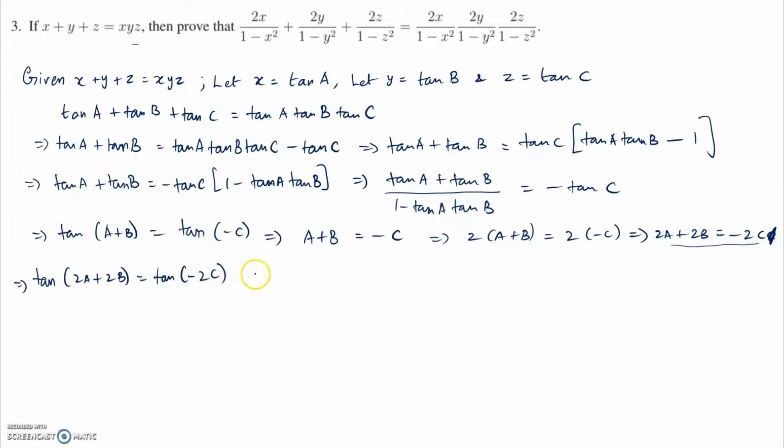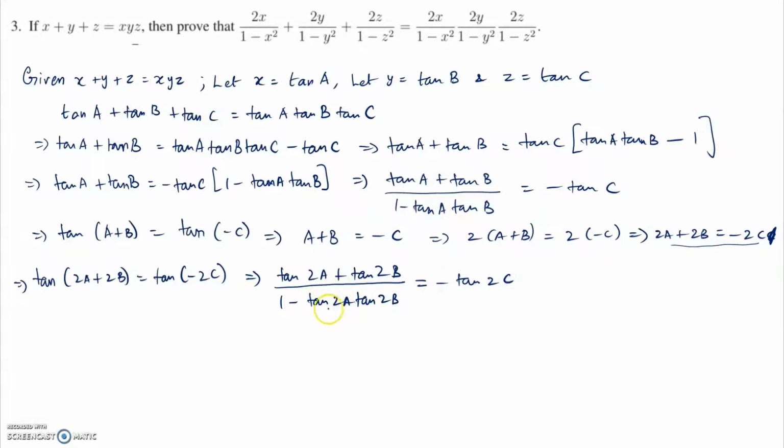So, further expanding this, you can say tan of 2a plus 2b is nothing but tan 2a plus tan 2b divided by 1 minus tan 2a tan 2b, and our right hand side will become minus tan 2c.